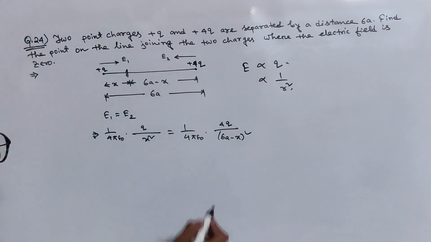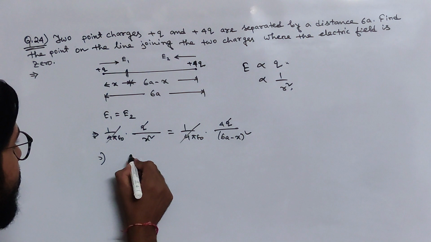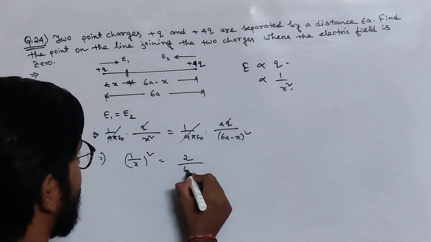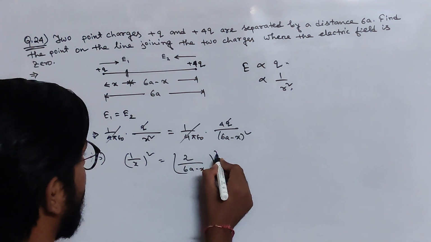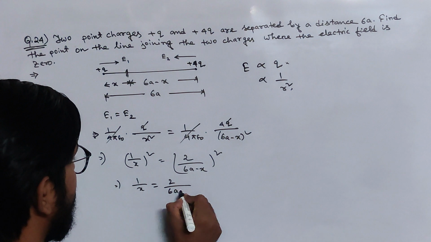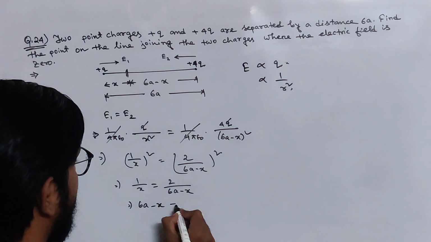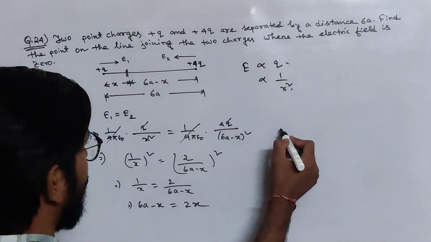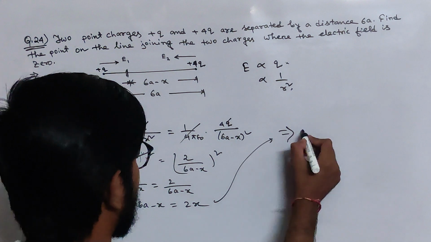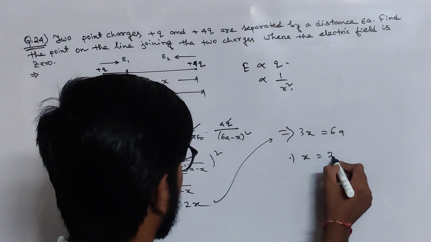I am talking about this point. Then q will cancel, then it will be 1 by x whole square equals 4 by 6a minus x whole square, that is 1 by x equals 2 by 6a minus x, or 6a minus x equals 2x. So it will be 3x equal to 6a and x equal to 2a.